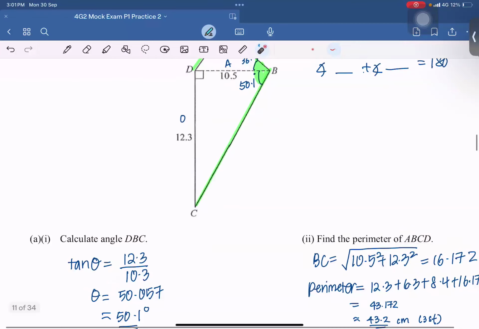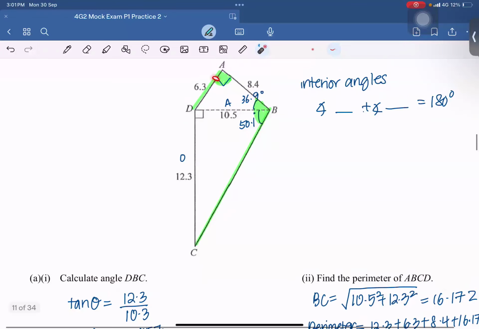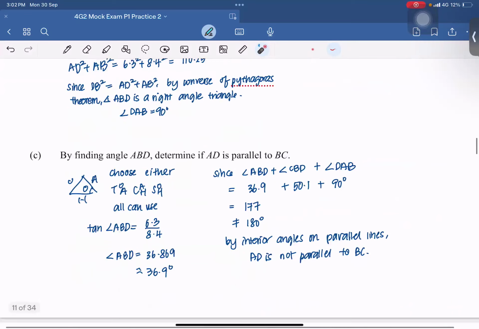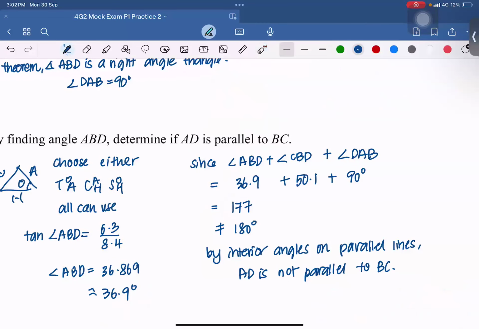Then I realized that the 3 angles, 90 plus 36.9 plus 50.1, add up to 177 degrees. It is not 180. If it's not 180, can they be parallel? No, right? So by interior angles on parallel lines, AD is not parallel to BC.